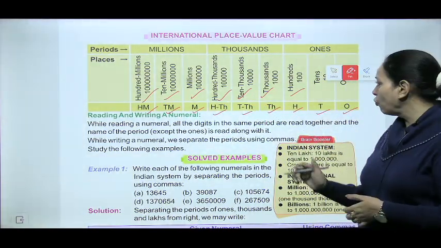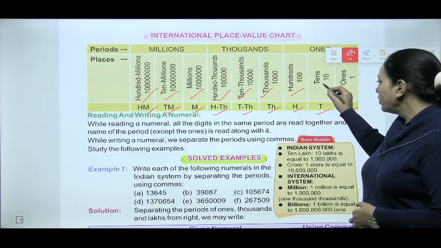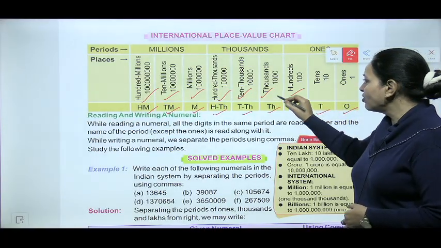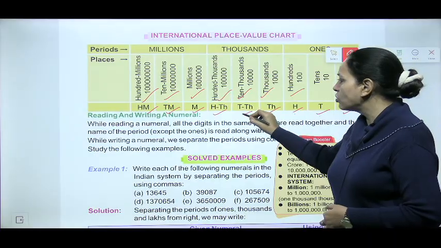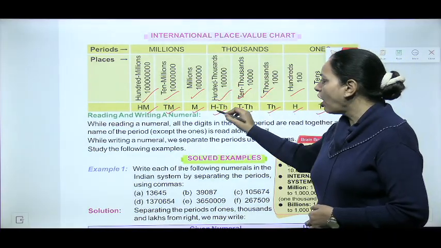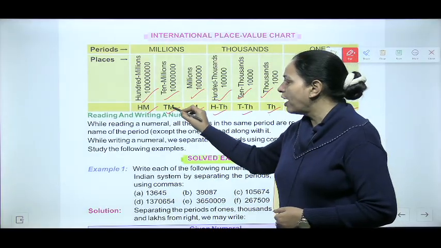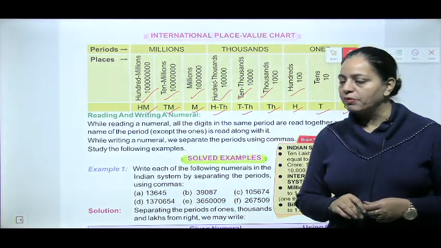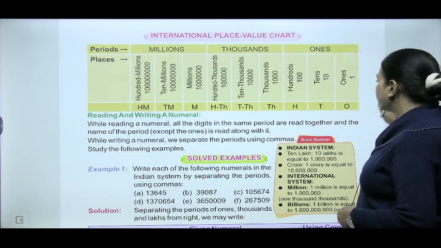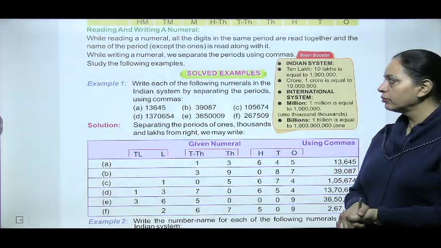And what is the short form? Ones O, tens T, hundreds H, thousand TH, 10,000 TTH, 100,000 HTH, million M, 10 million TM and 100 million HM.